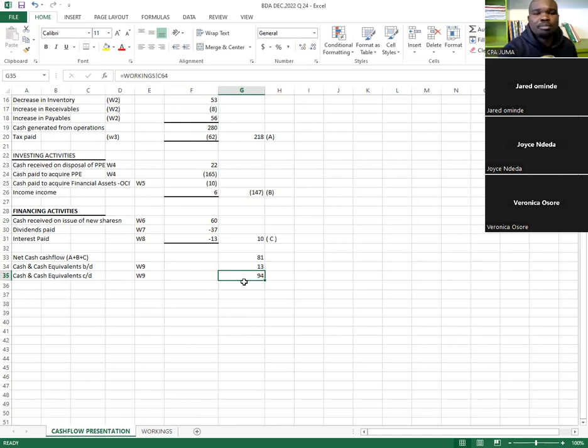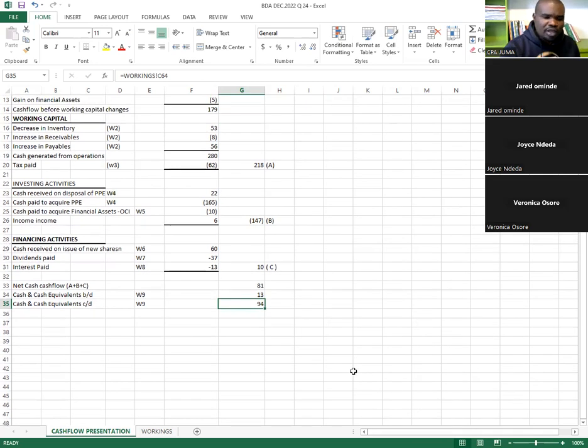So that is how we present cash flow. And by the way, there's something I need to know. What happens with section 2? People should know what happens. Do you do all the questions, or you do at least 3?